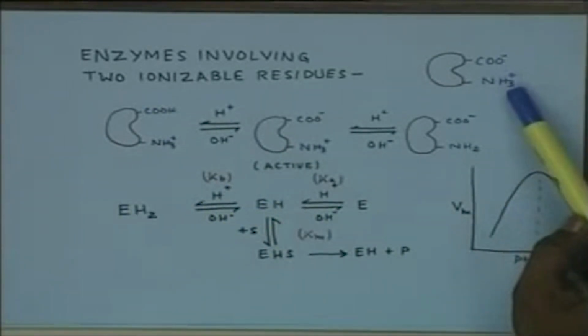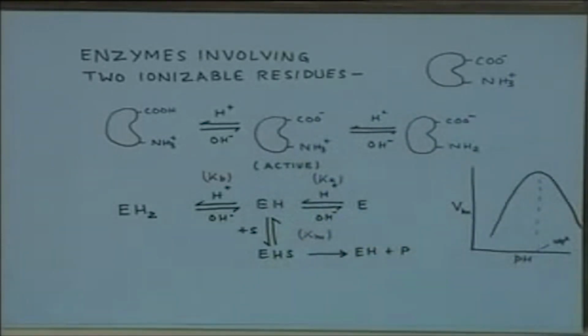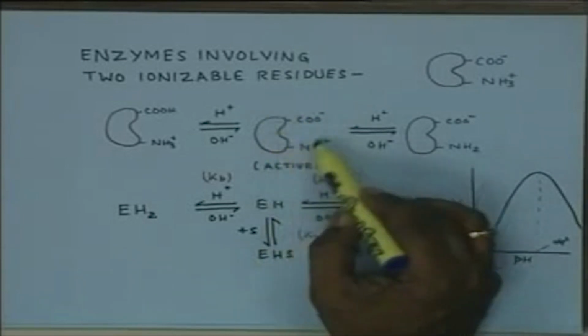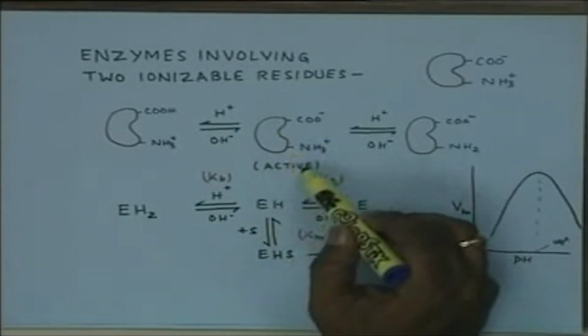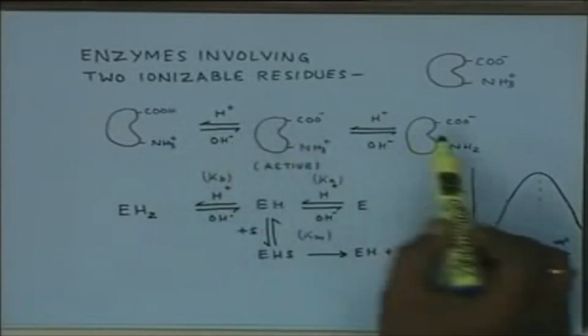and therefore, if two ionizable residues are involved, let us say one containing a carboxylic group and an amino group, definitely if you add acid or base or change the pH, the ionization state of the two residues will change. If we assume that the middle form is the active form, you can see the effect of addition of acid or base on this equilibrium.